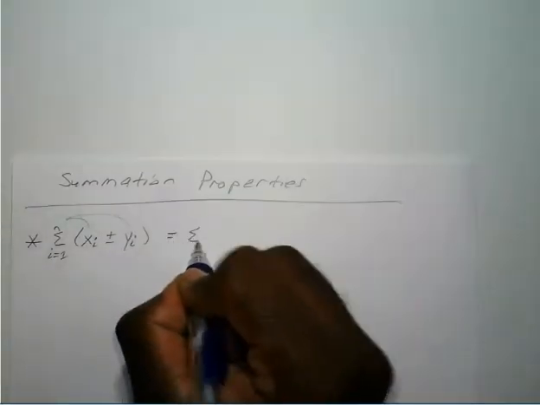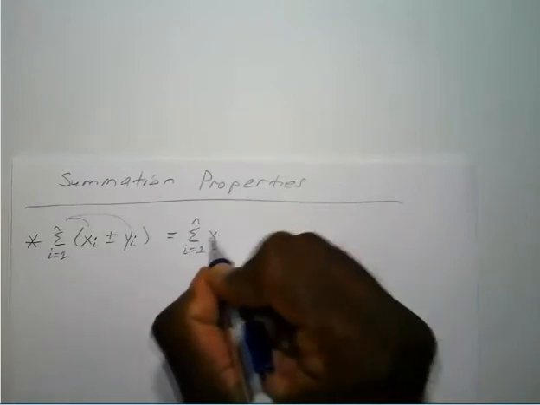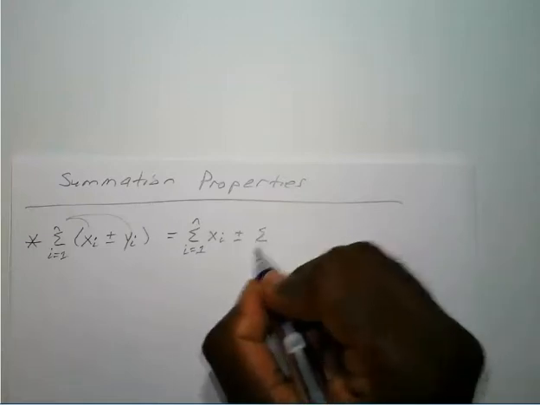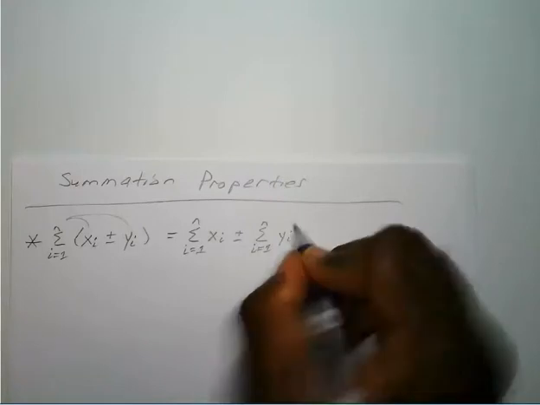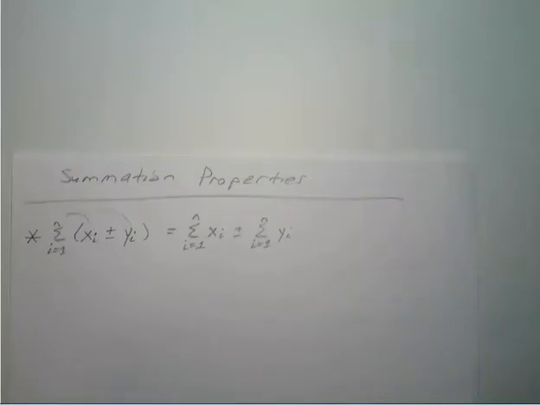That's equal to the sum from i equals 1 to n of x of i, either plus or minus the sum from i equals 1 to n of y sub i. So you can distribute the summation sign. So if you had 3 terms, you would just distribute it to all 3 terms.